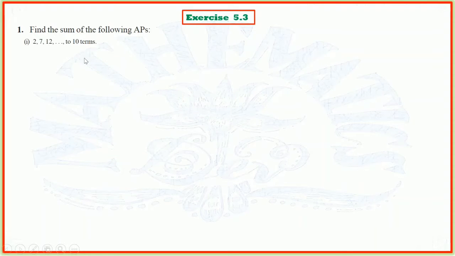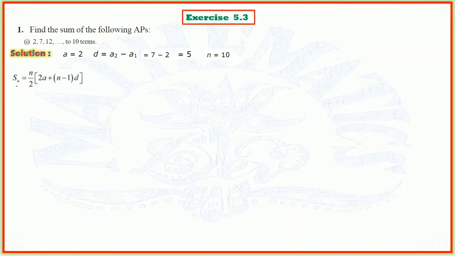Here you need to understand that this 10 is the number of terms n, and then we have the first term and the common difference, 7 minus 2 is 5. We'll use the formula we have learned. So a is equal to 2, d is equal to second term minus first term, that is 7 minus 2, which is 5, and n is equal to 10.